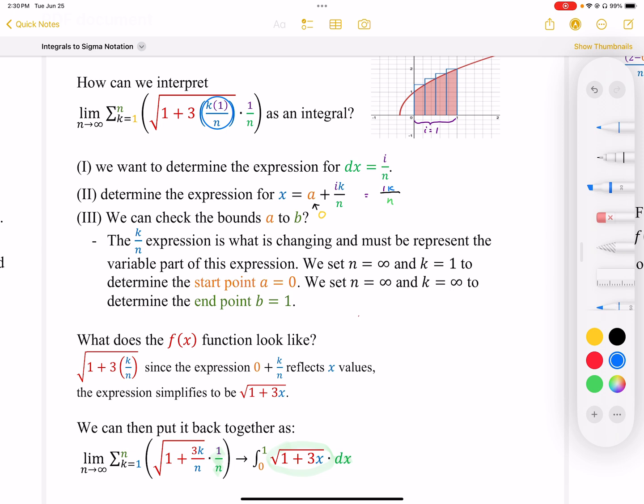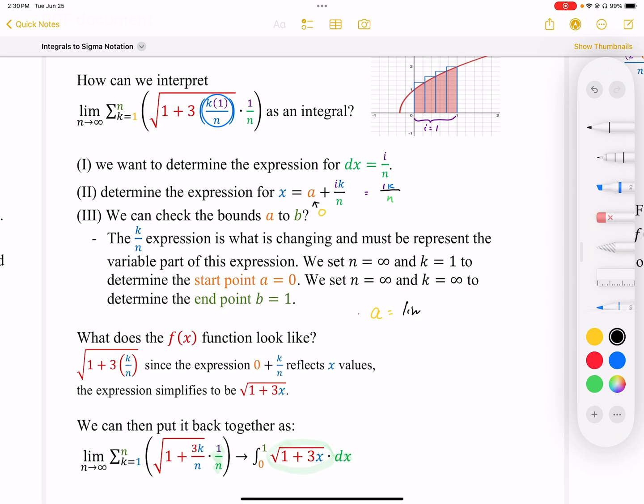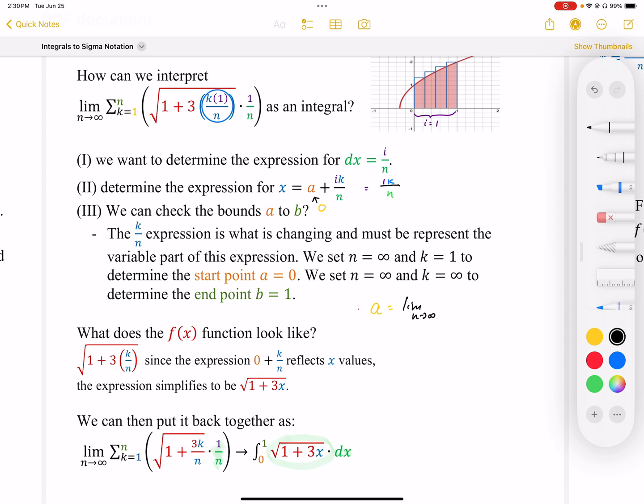So our a value is going to be equal to the limit as n goes to infinity, with k equal to 1, and our n is going to go to infinity, so our a value is equal to 0. And that's exactly what we want here. So our a value is 0.